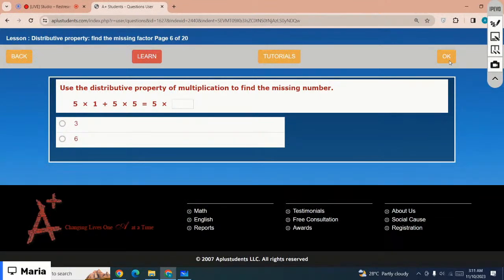Use the distributive property of multiplication and find the missing number.